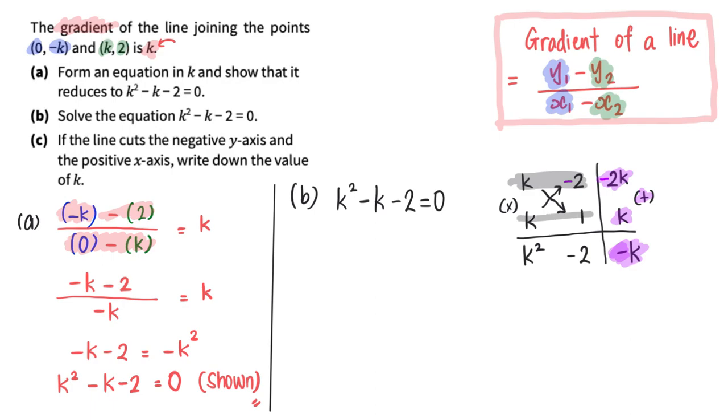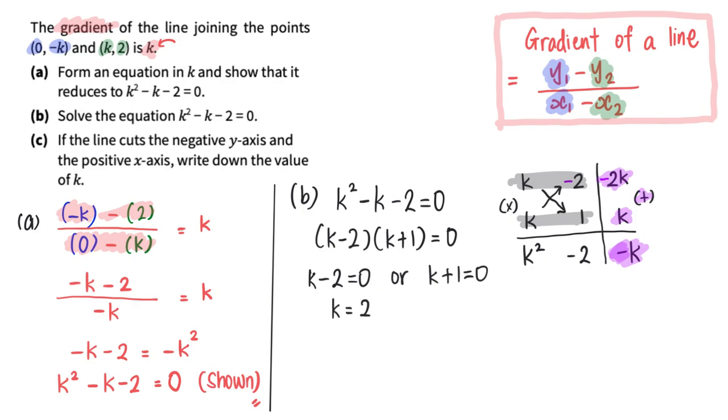K minus 2, k plus 1. And from here, I would then be able to solve this equation easily, because one of the brackets must be equals to 0. Yes. So it's either k minus 2 equals to 0 or k plus 1 equals to 0. And therefore, k is equals to 2 or k equals to negative 1.